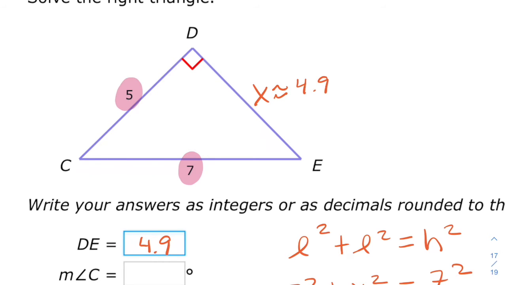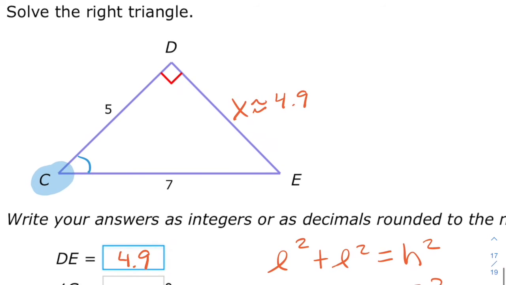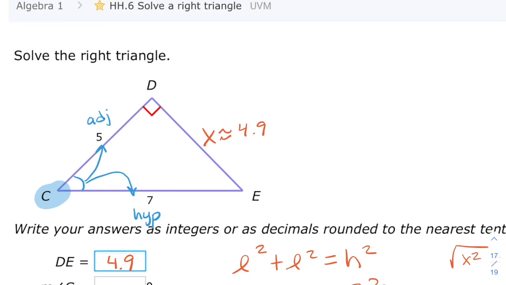Okay? So to find C, I'm going to use the adjacent side over the hypotenuse. So to find the measure of angle C, I'm going to use the cosine function.